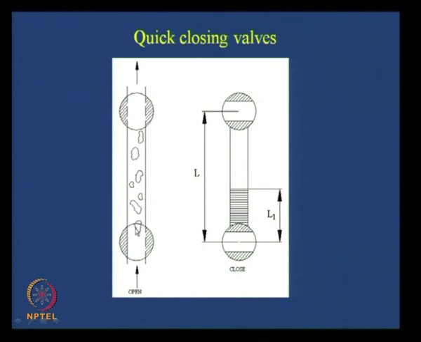If we take a finite time to close, then during that time the flow distribution will be changing, because during that particular finite time naturally it is going to obstruct the flow passage and the flow distribution is going to change. So, definitely we cannot use a gate valve for this particular purpose.